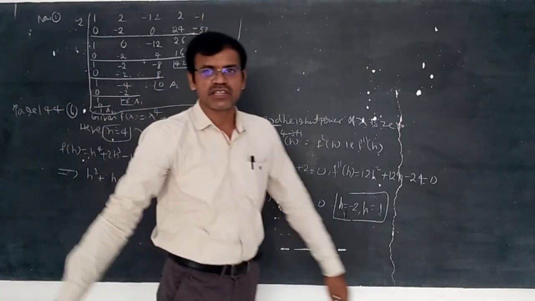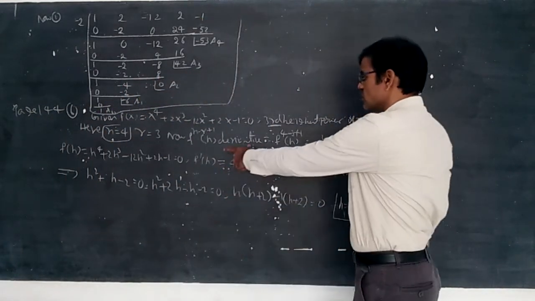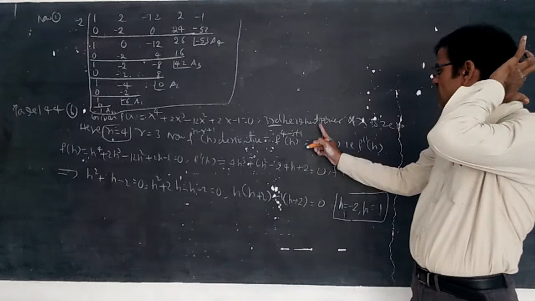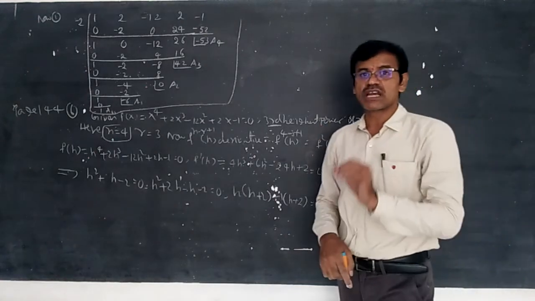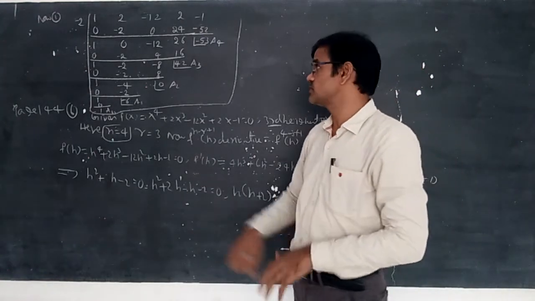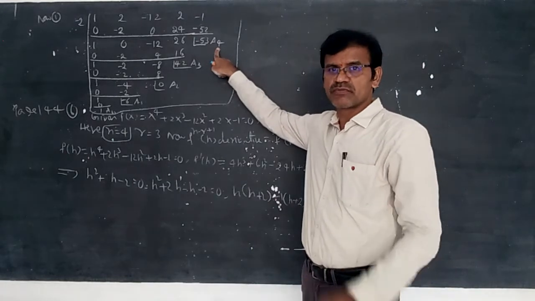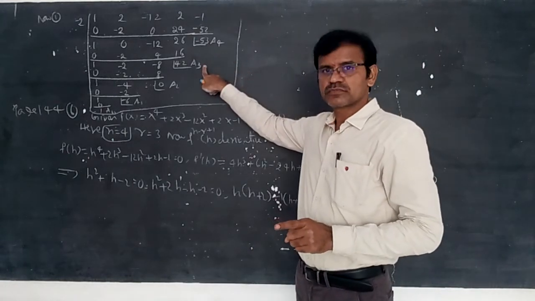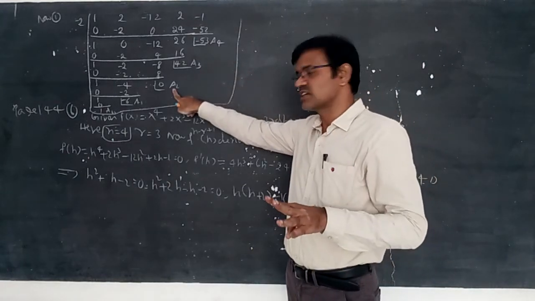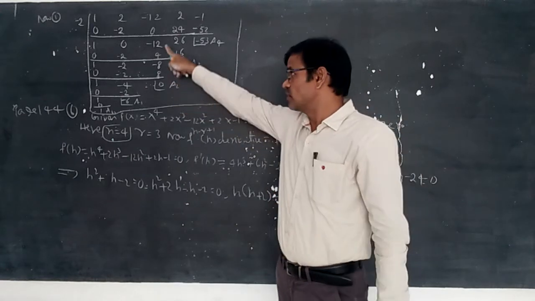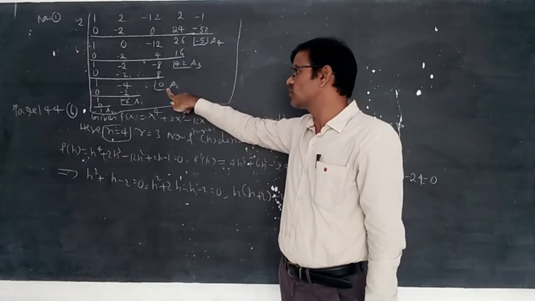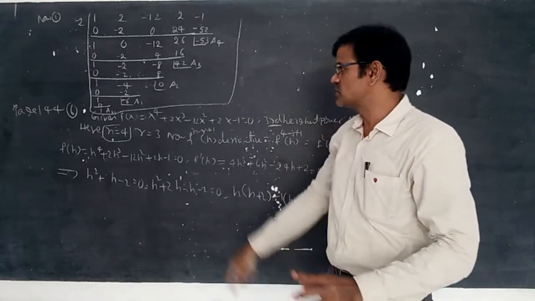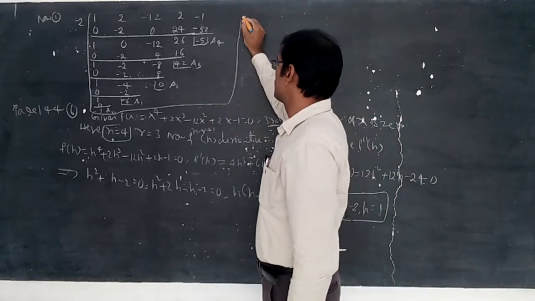You can understand one thing: here, whatever the question you have written, the third highest power of x is 0. Third highest power of x is equal to 0 means, first A0, x power, first highest x power 3, second highest, third highest x square should not be. If you get 0, then undoubtedly you can say you are right. Yes, we have done correctly. That is the way.